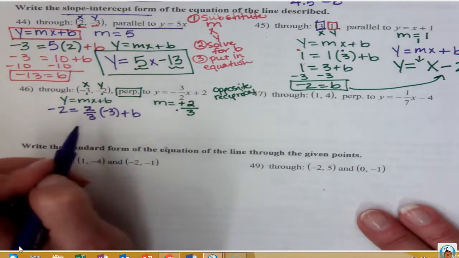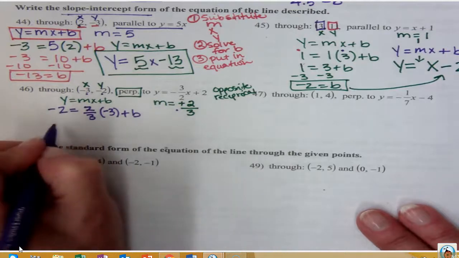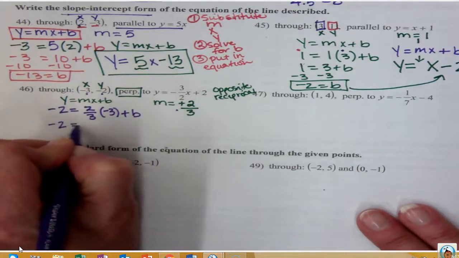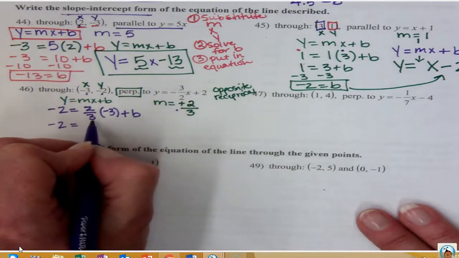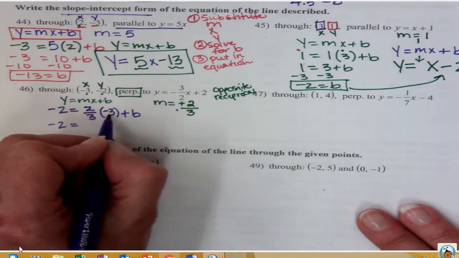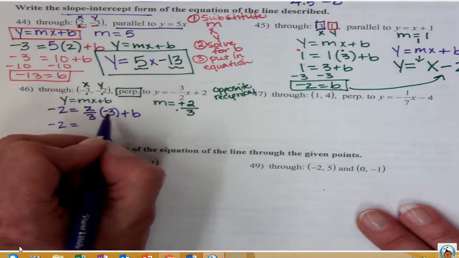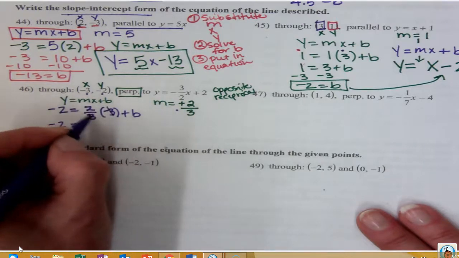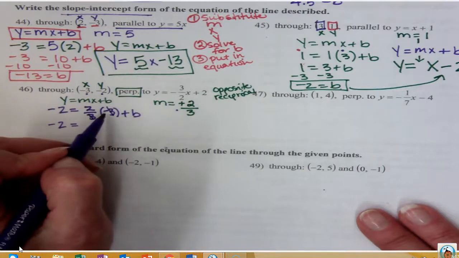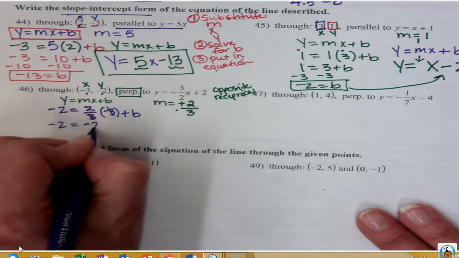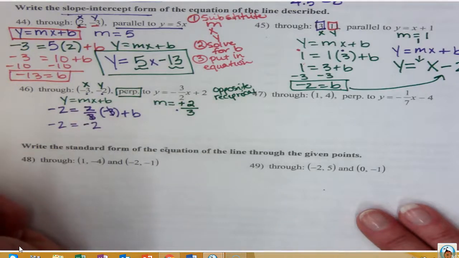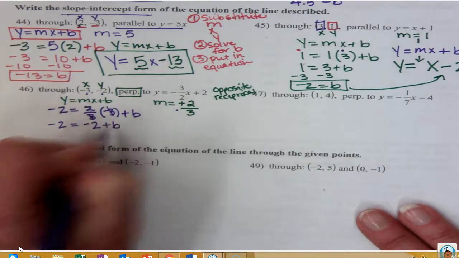Now I do the math and figure out what b is going to be. So negative 2 equals, whenever I multiply by the denominator, I get what's on the numerator. But this is a negative, so the 3's cancel each other out to become 1, and I need negative 1 times 2 is negative 2 plus b.